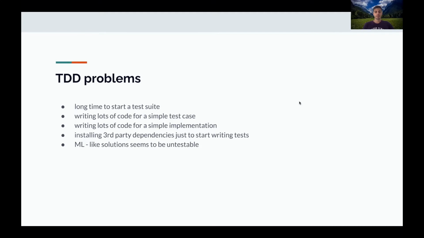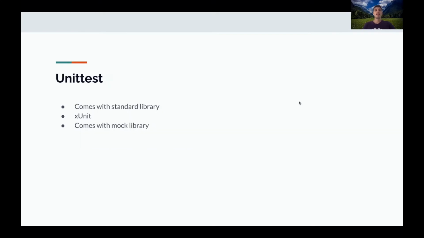So let's start at the beginning. Python comes with the unittest library that's built into its standard library, so you don't need to install anything to start writing your unit tests. It's the xUnit implementation in Python. So if you're familiar with JUnit in Java, it may look familiar to you.